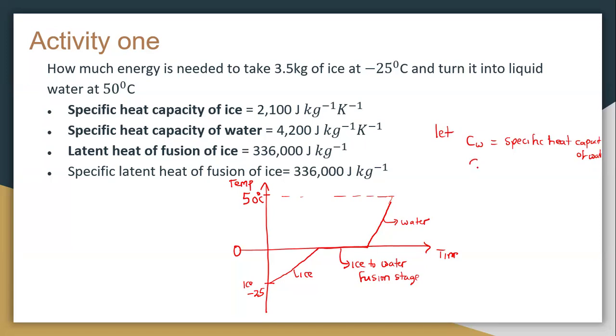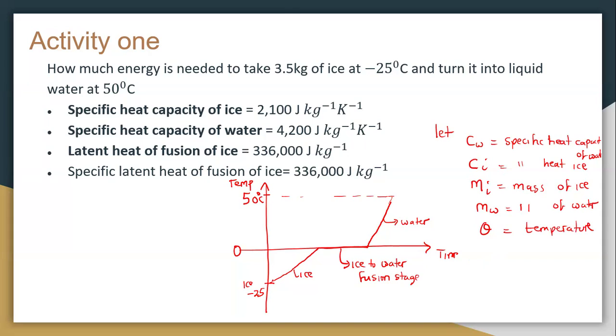CI is going to be specific heat capacity of our ice, and then we shall say M to stand for the mass of ice, maybe MI, then MW to stand for the mass of the water, and then we shall use theta to stand for our temperature.